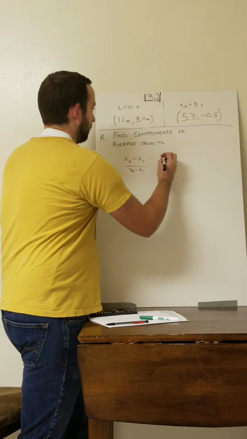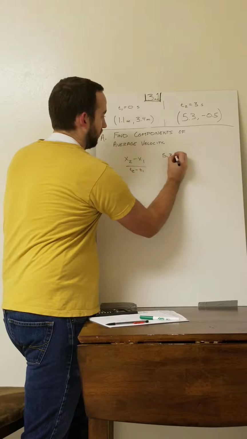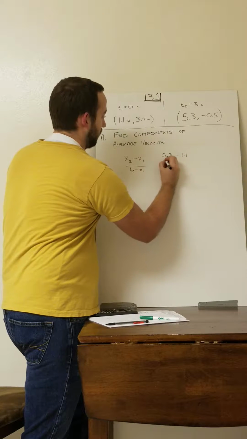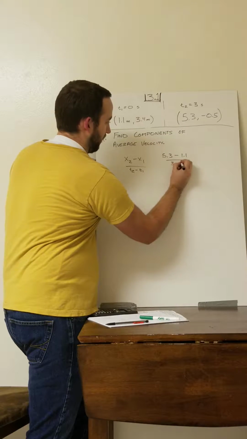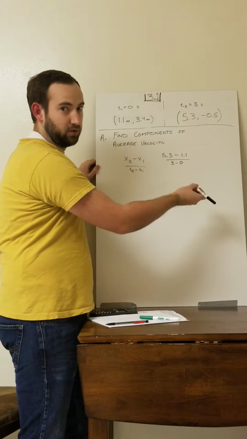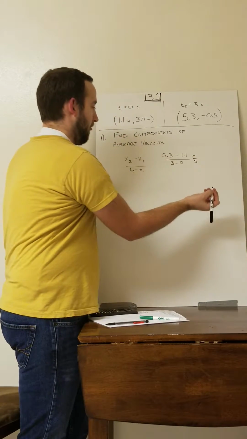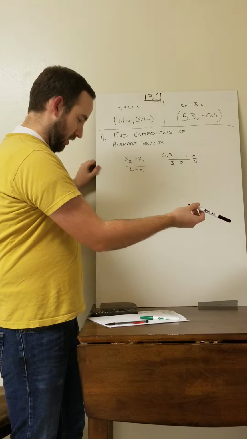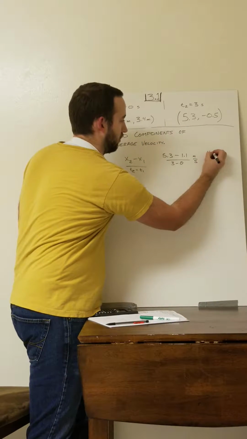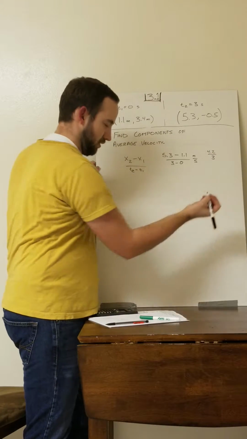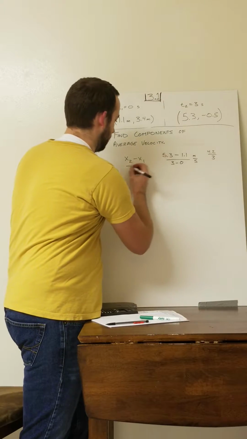So that'll equal 5.3 minus 1.1 over 3 minus 0. And then those units are meters per second. So then if we just do that math, we end up with 4.2 over 3, which also equals 1.4 meters per second.